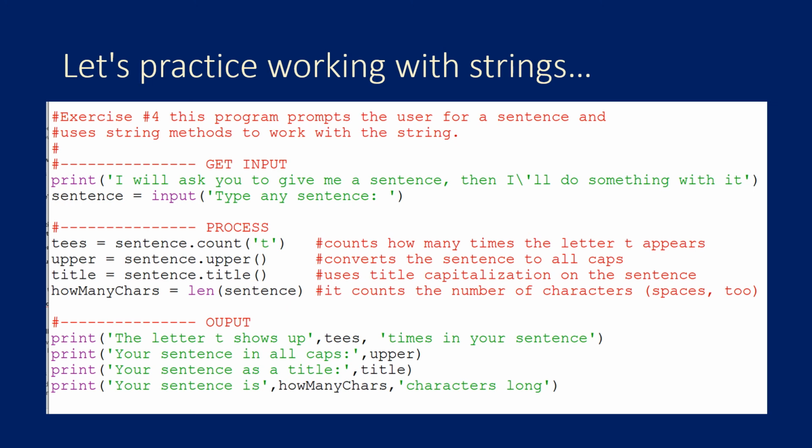Okay, so in the process, we're going to use these methods that are in the table. T equals sentence dot count, T surrounded by single quotes. This statement is going to count how many times the letter T appears in the sentence that the person types. Upper equals sentence dot upper, nothing in parentheses.